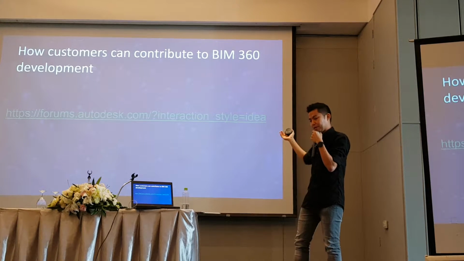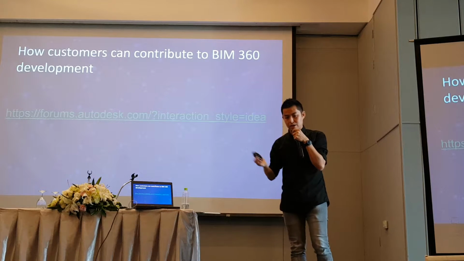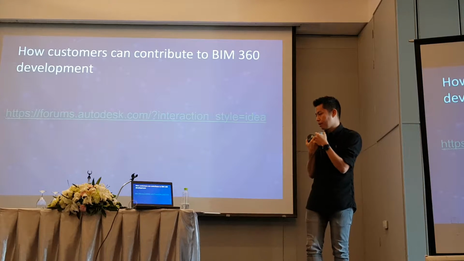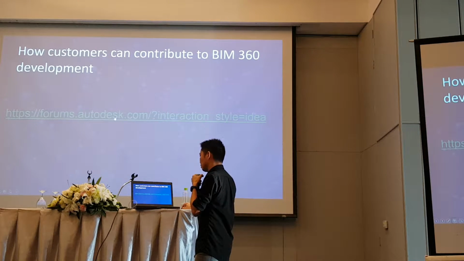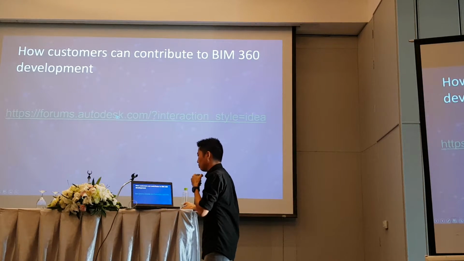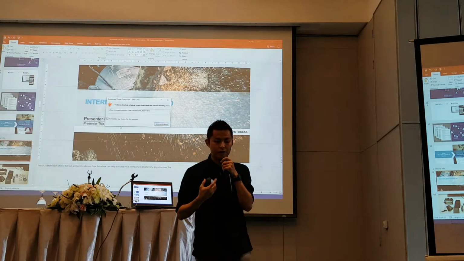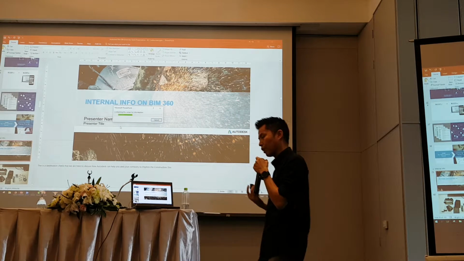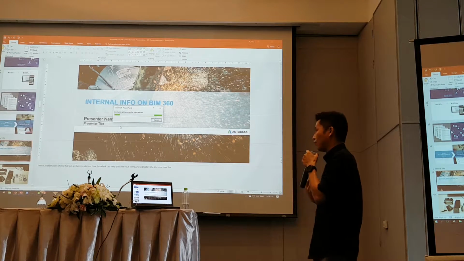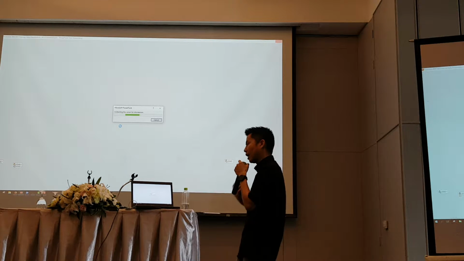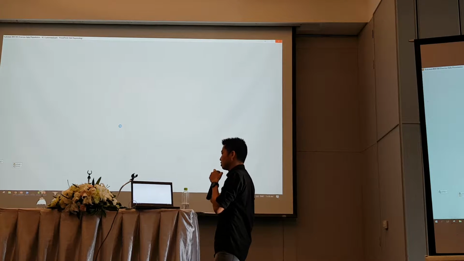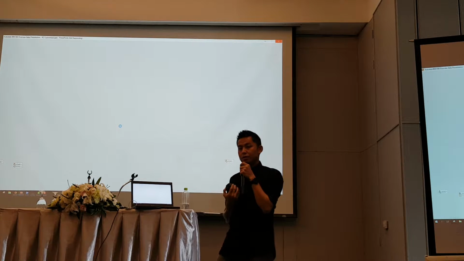Now, let me sidetrack a bit. A lot of customers ask, hey, how can we help develop, or how can we make requests for BIM 360? So we always tell customers that if you have something specific that you want to request from our development team, if you have an idea, you have a suggestion, go to our Idea Station.